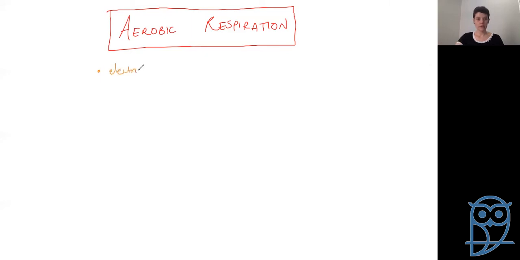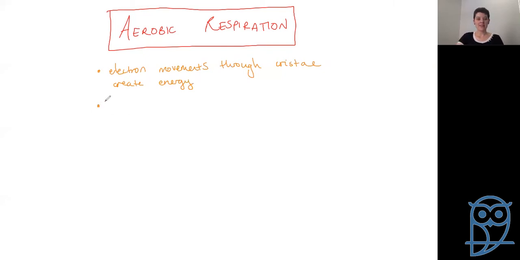So electron movements through the cristae create energy. Now you see why it's really important to have that increased surface area forming the cristae, because the more surface area, the more electron movements, the more energy.